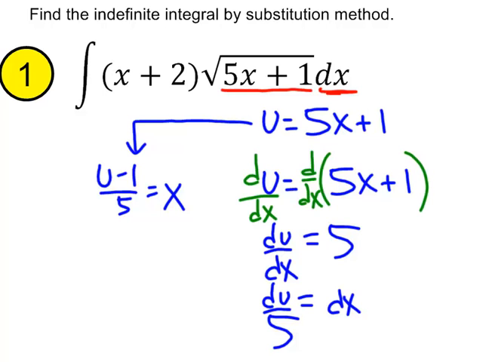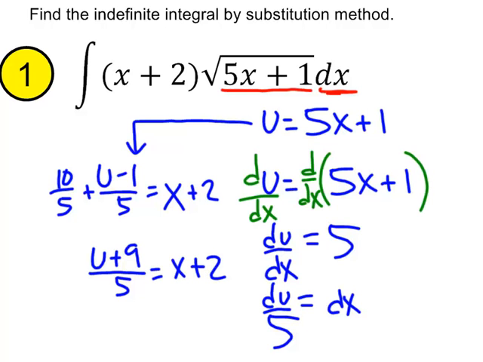So let's go ahead and add the 2 to both sides. And on the left side, I'll add it in the form of 10 over 5. That's the same thing as 2. And I combine and get u plus 9 over 5 equals x plus 2. So we now have an expression of u that can replace this x plus 2.